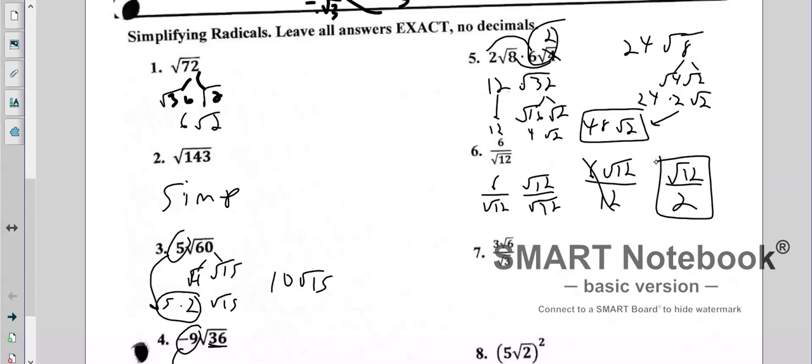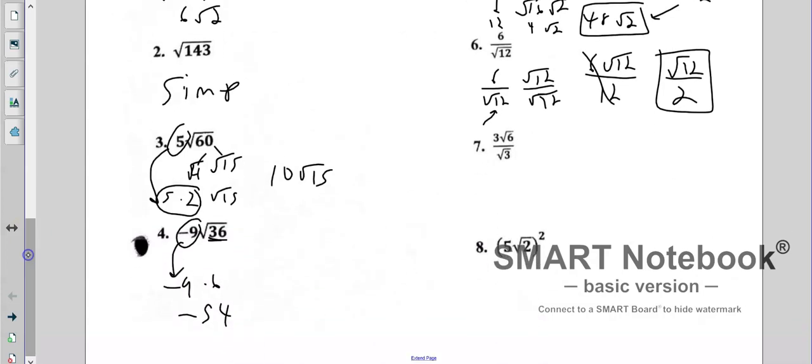The other way is you could have simplified this first and taken out the radical 4 and had a smaller number to rationalize, but you're still going to get to the same answer. Now, some of you might want to start off right off the bat by doing this. And while that will get you the right answer, there's no reason to do that.